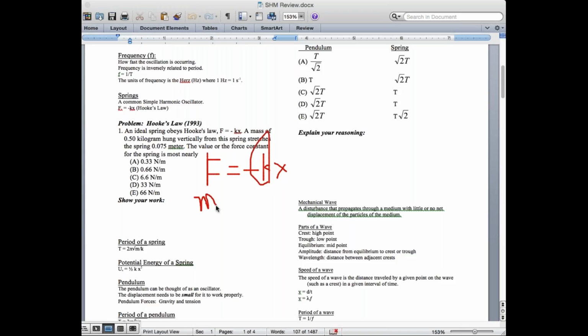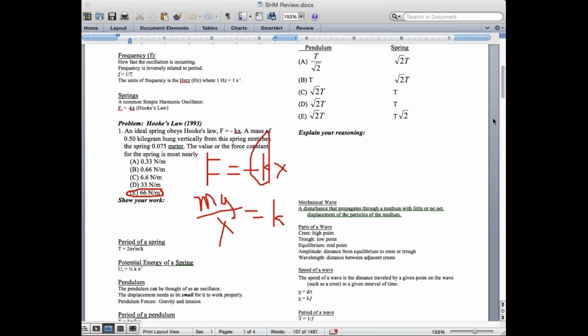So mg over x would be equal to k. If you plug in the numbers, the most appropriate answer you get is E. We notice that negative kx is there, and we have to think, okay, it gets pulled back, but the spring force constant is indeed a constant positive value. That's what it's referencing.